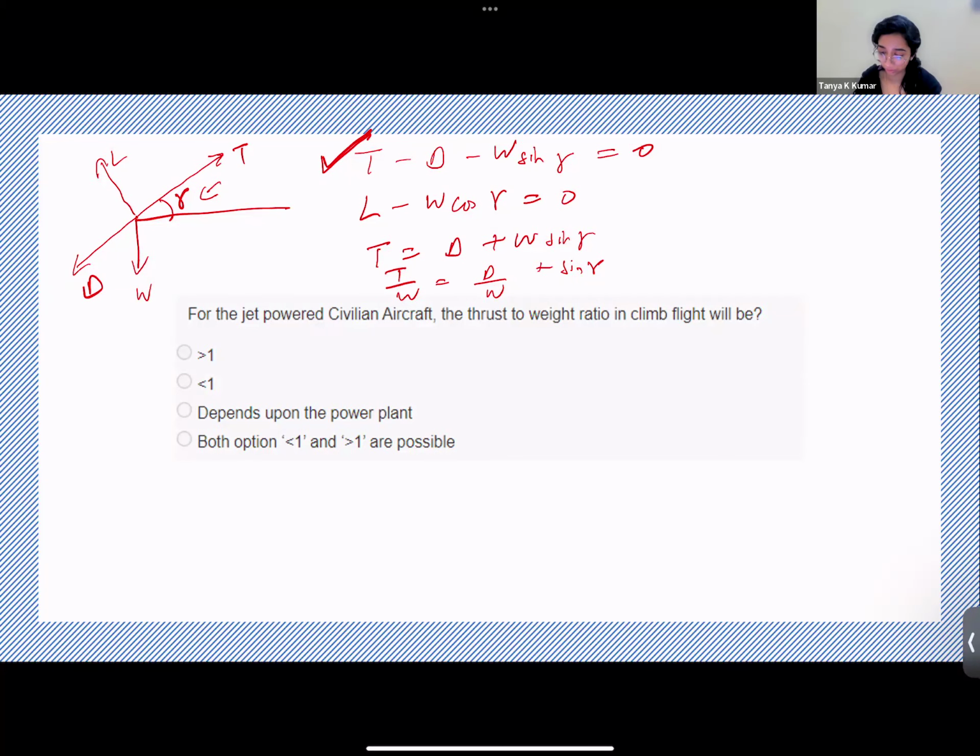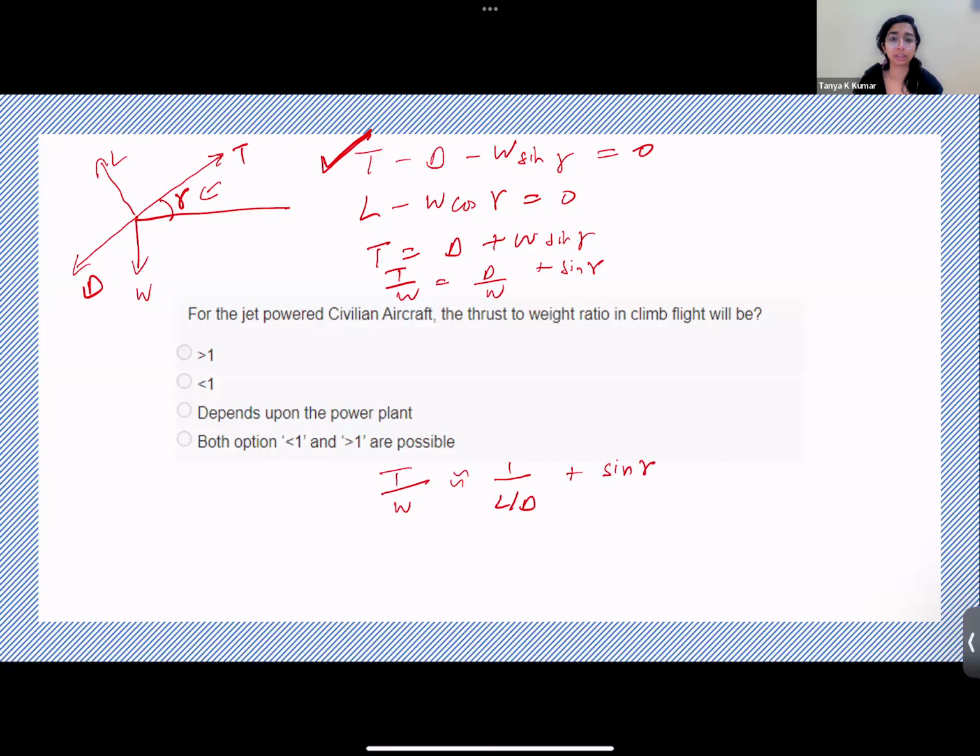You can rewrite this as approximately equal to 1 by L by D, because L by D only comes when it's for the cruise. So L equal to W if you consider that. So it's only approximately equal, plus sine gamma.